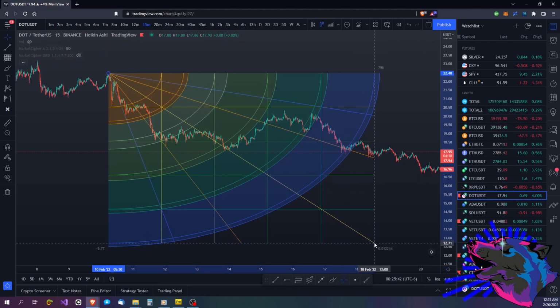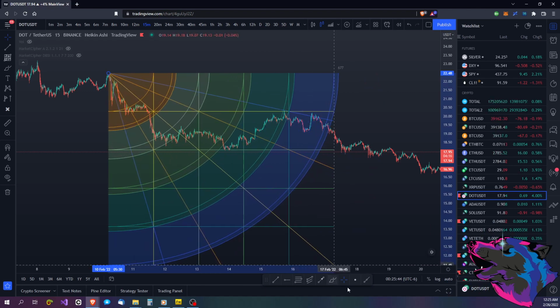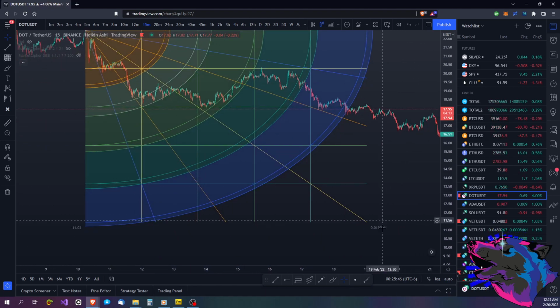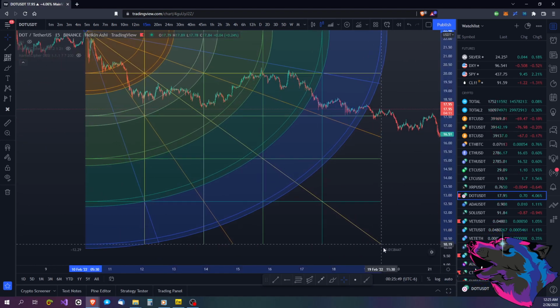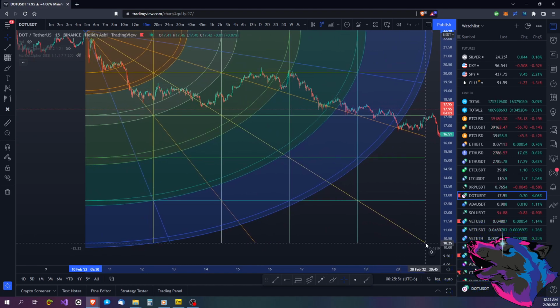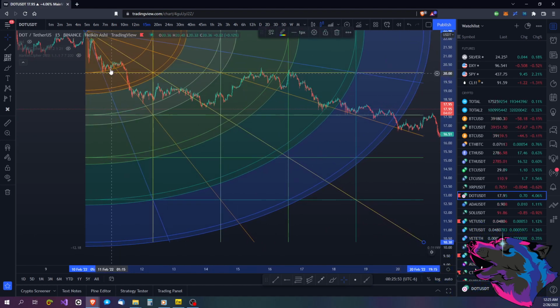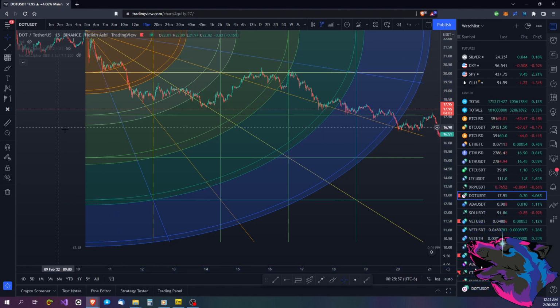Let's say we line up. I'm going to take that bottom right there. So you can see where this guy's intersecting at the bottom right there. Let's see what we got. Look at that support there. Had a little bump back up there.